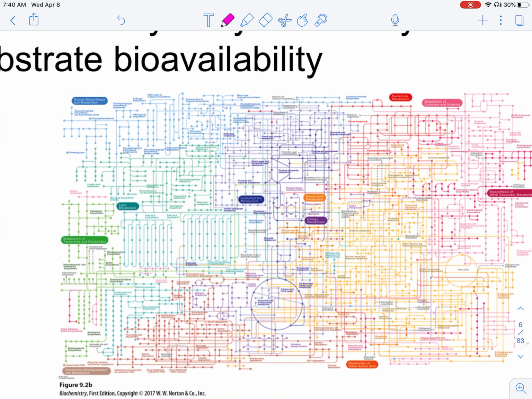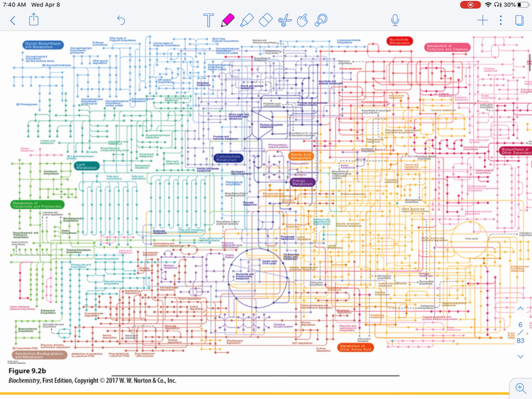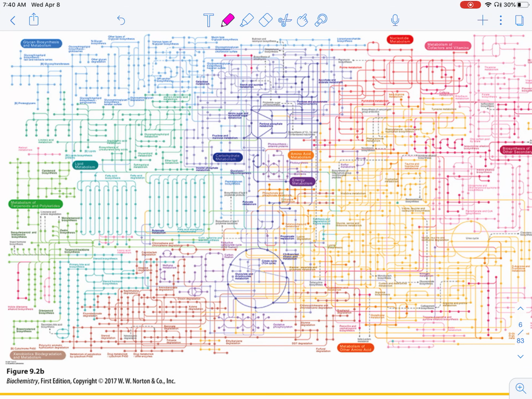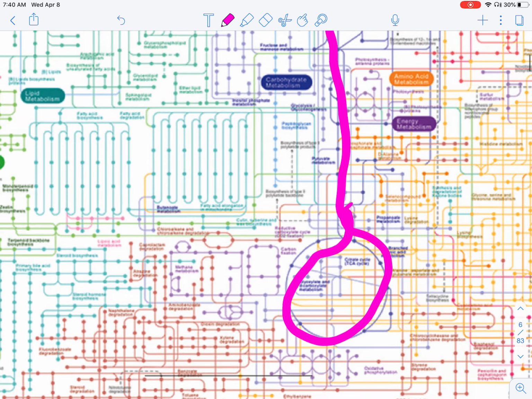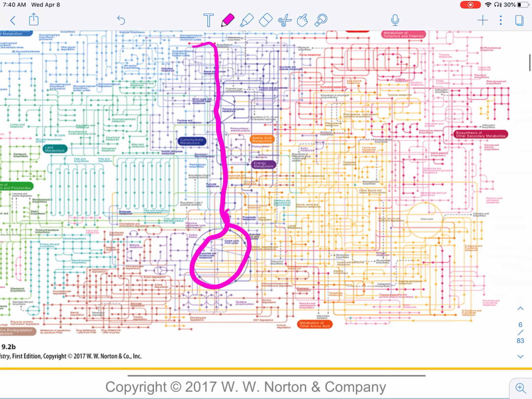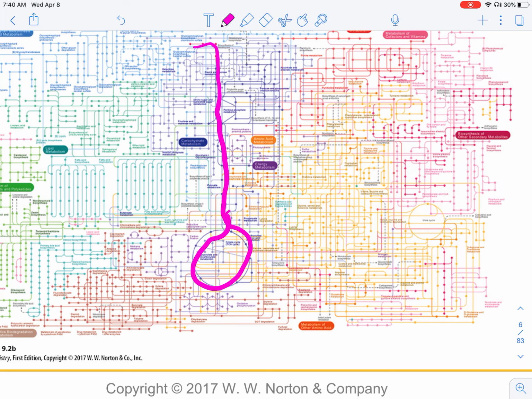And again, here is a small metabolic pathway. This is what we're discussing now, the citric acid cycle and glycolysis here. And you see that it fits into all sorts of things. I believe that this is beta oxidation of fatty acids here.